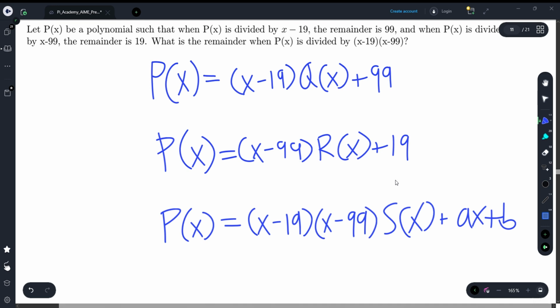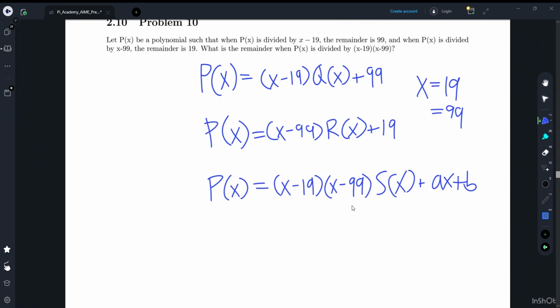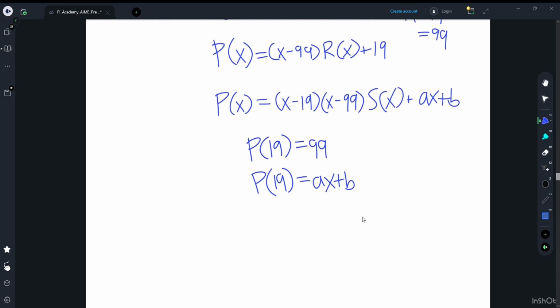And so how we find this is we plug in x equals 19 and x equals 99. So p(19) is equal to 99. And p(19) in this equation is equal to 19a plus b. So 19a plus b is equal to 99.